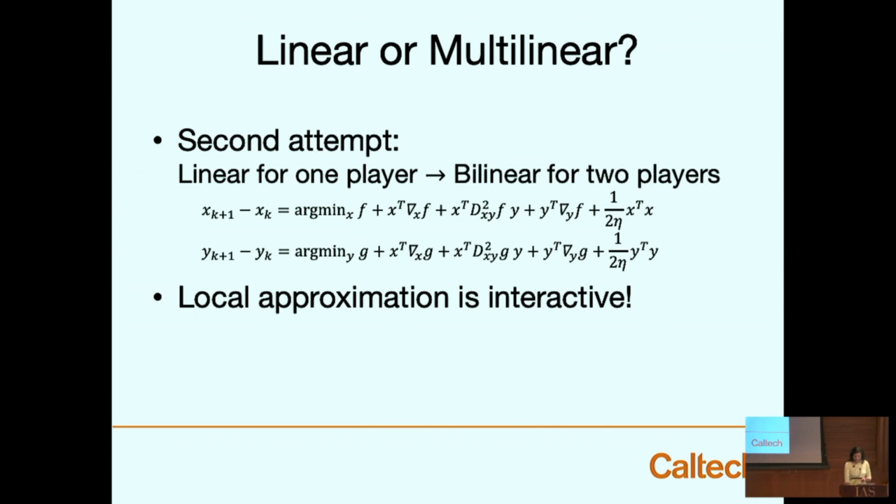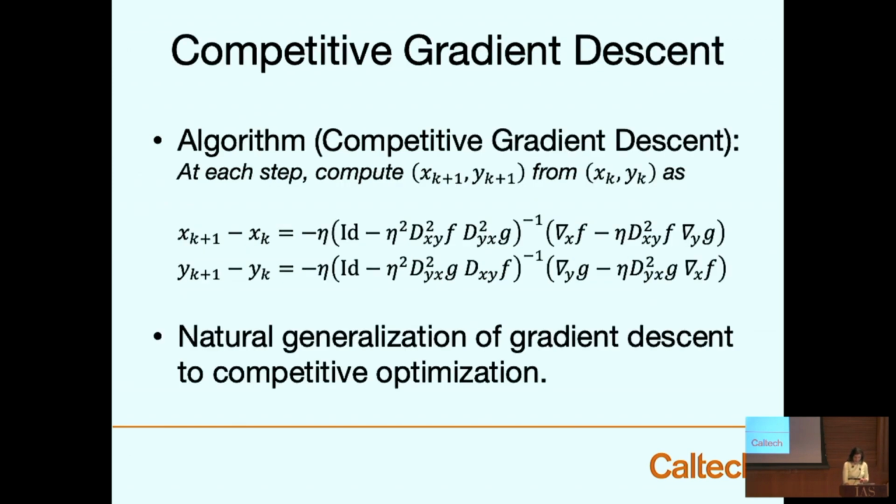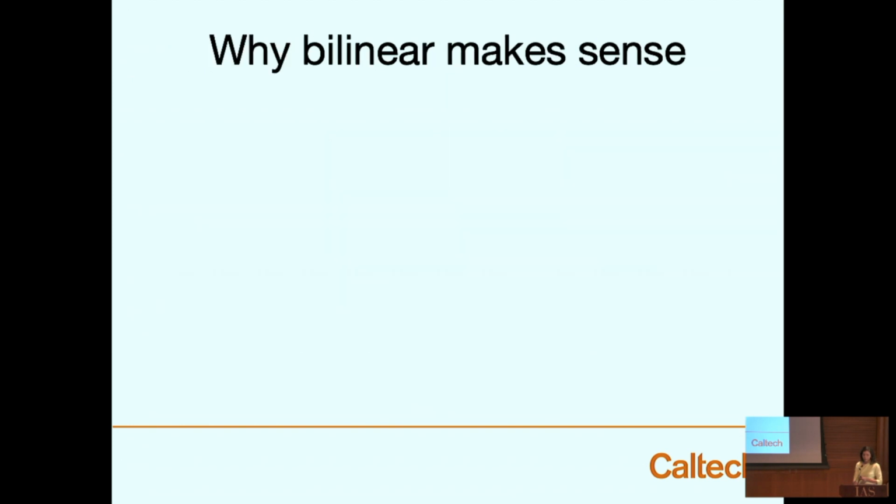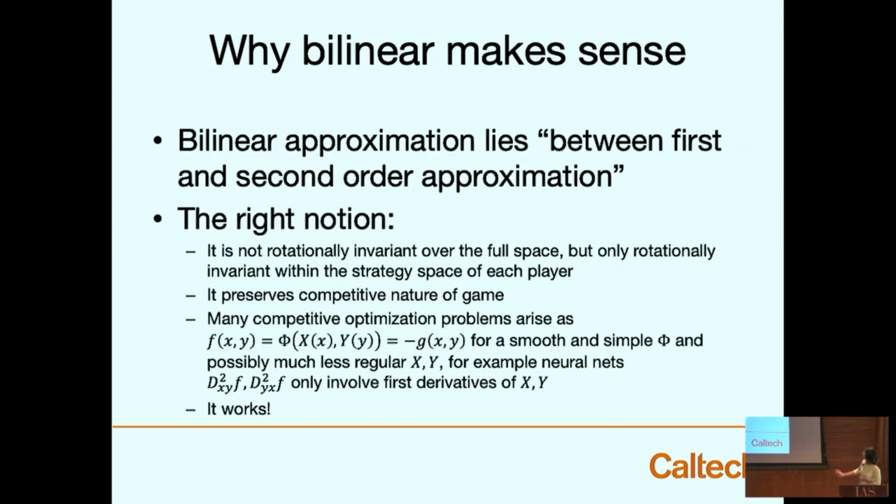It turns out that in this case, you can compute this in closed form. You can think of it as a preconditioner. You have this inverse, and now you're also correcting for this mixed Hessian term. Now, why bilinear and not general quadratic, or second order optimization? As I said, one reason is this is cheaper, so you're not looking at the full second order Hessian.